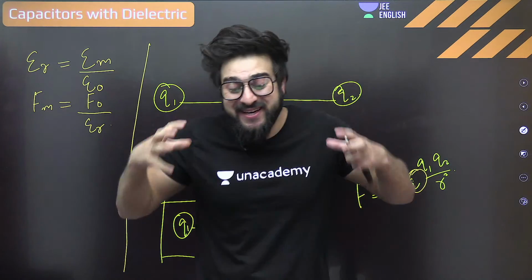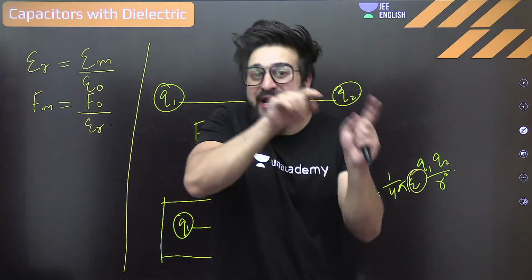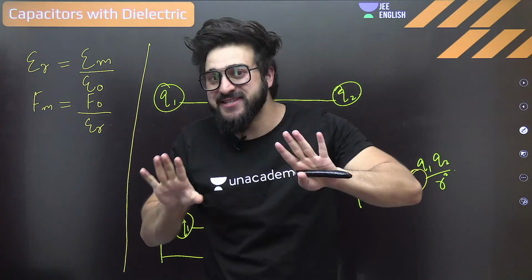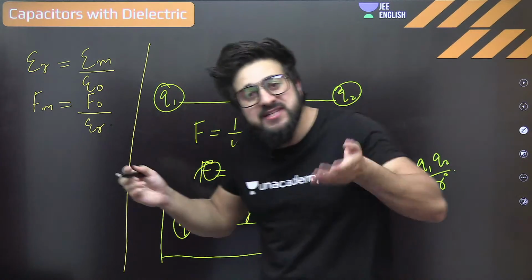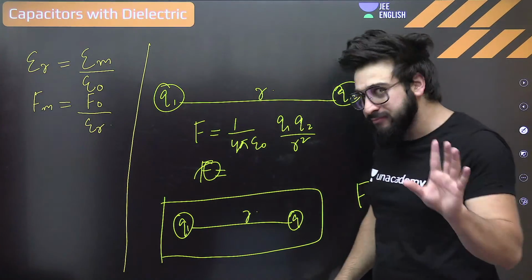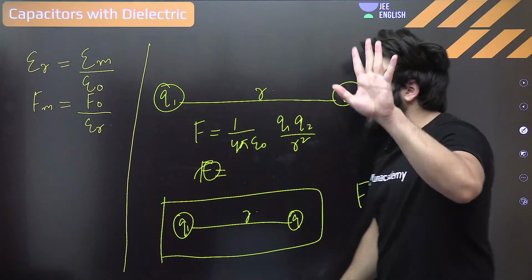How much force do the two charges apply on each other as compared to the force in free space. Understand? Getting me? So this is the permittivity that is basically telling you. Obviously, in that medium, force will be less. Understand? As permittivity increases, force in that medium will decrease.